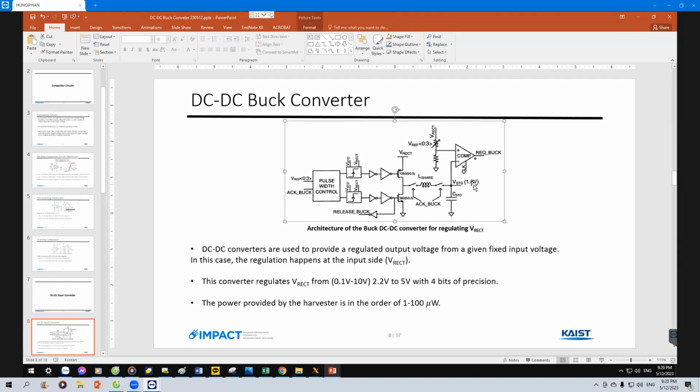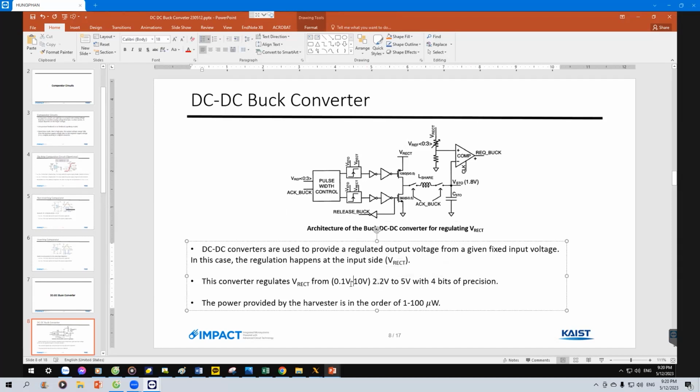It cannot be 1.8. Yes, here it is a buck converter, so it should be larger than 1.8. It should be 2 volt. Maybe in triboelectric, it can go up to 70 volt.